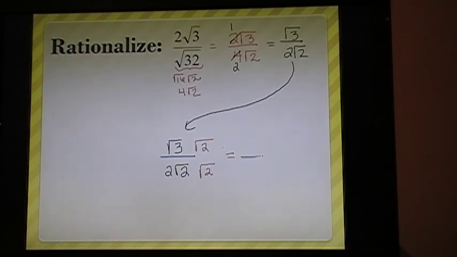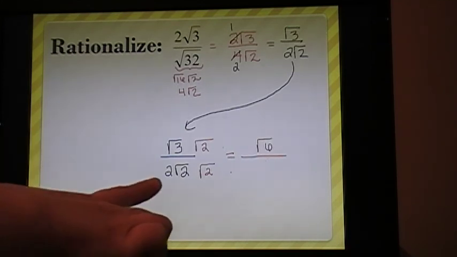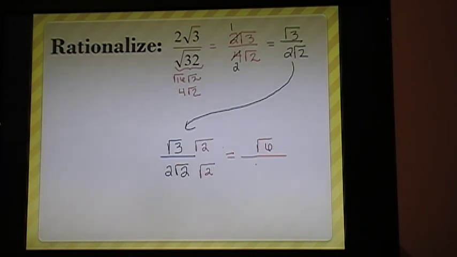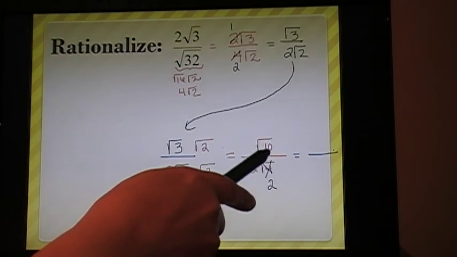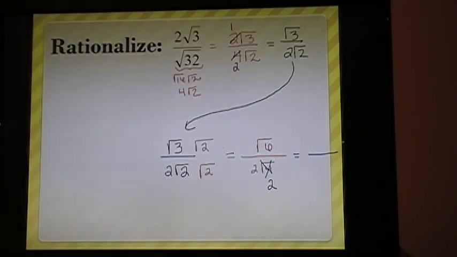So what we have now is the square root of 6 over, we have our coefficient of 2, and the square root of 2 times the square root of 2 is the square root of 4. Okay, we're almost there. That's the purpose of doing this, to get rid of our roots, and we can because the square root of 4 is 2. 6 is not divisible by a perfect square, so I can't do any simplification there.